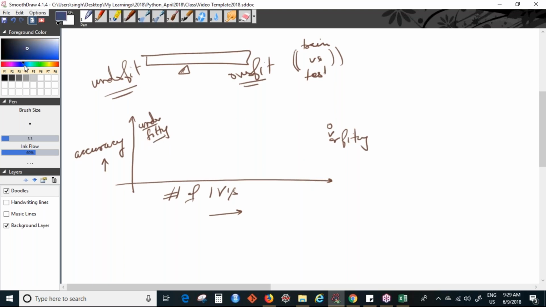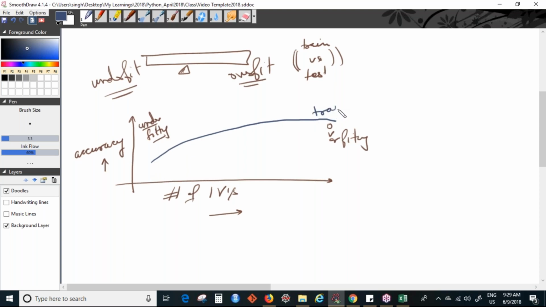So now let us draw the chart. Overfitting is a problem just for the test data. For the training data it is not much of a problem. For the training data you will see that the graph will be something like this. Initially if you take very few variables, obviously accuracy will be low.